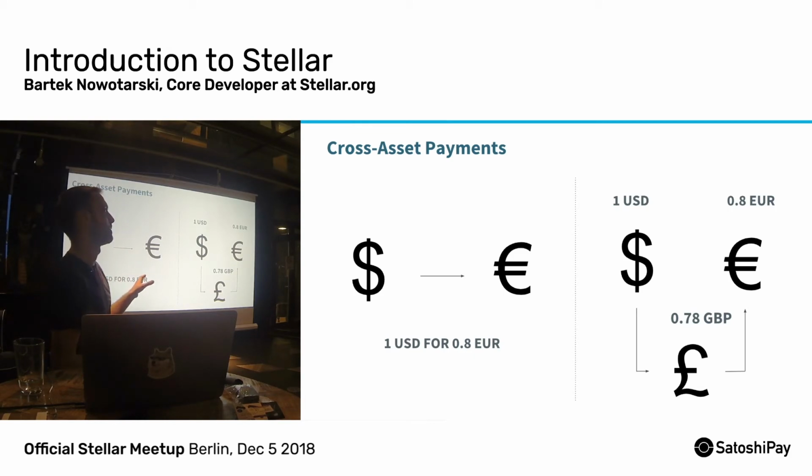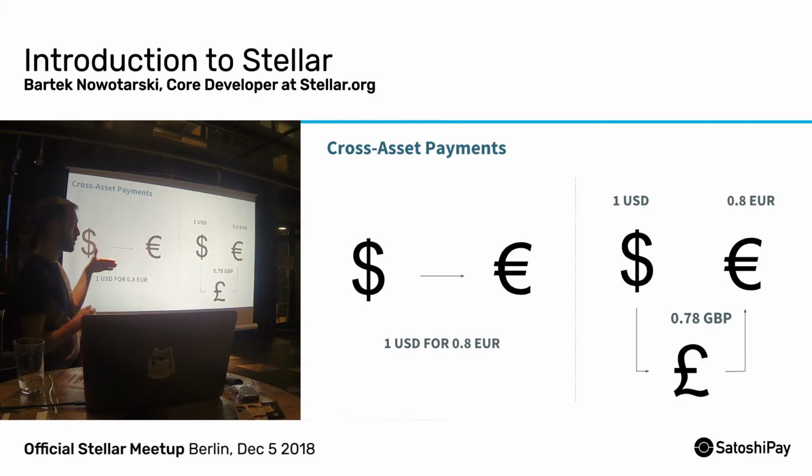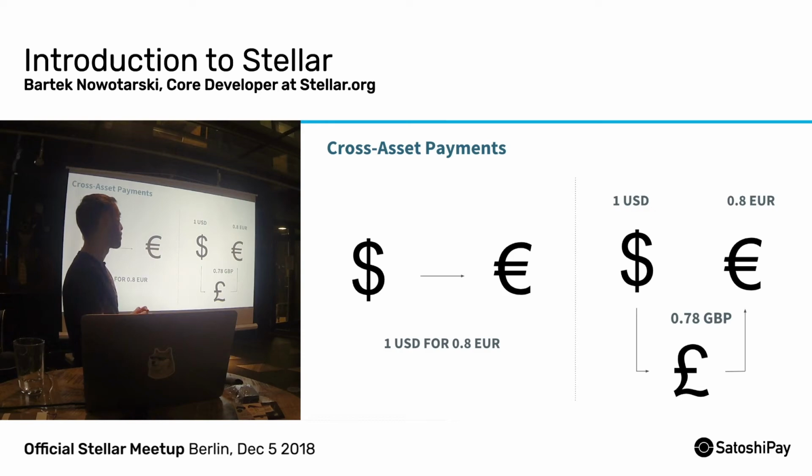You can create a path of assets that will basically be consumed on these markets one after another, right? So in this example, to make sure that your friend receives euro, you sell dollars, buy British pound, then sell British pound, and your friend receives euro.